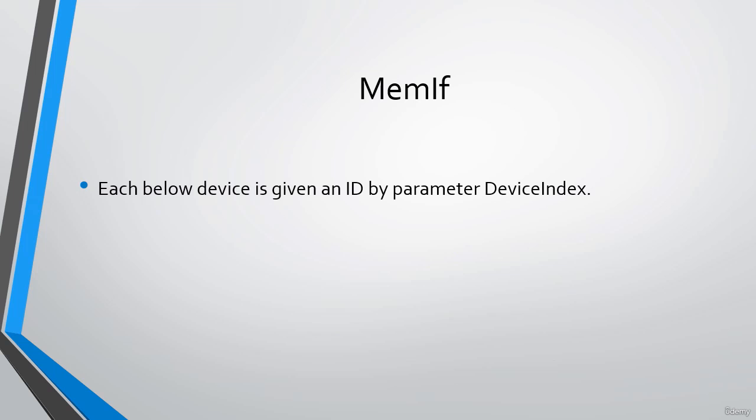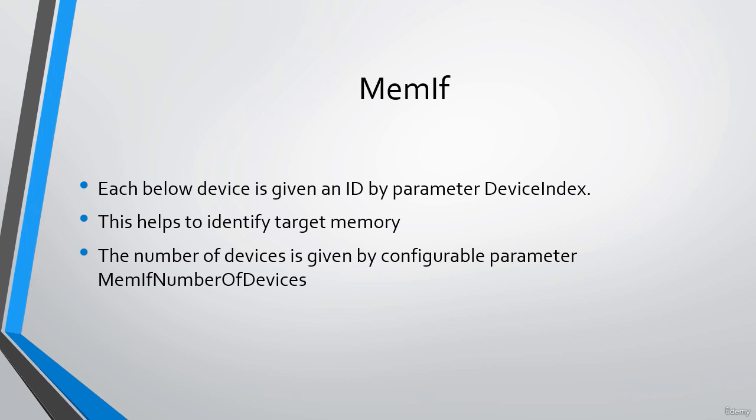That's what we call the device index. As I told you, this device index helps to identify the target memory. Then we can have another configurable parameter called MemIf number of devices, which gives us the number of devices that are handled by MemIf.